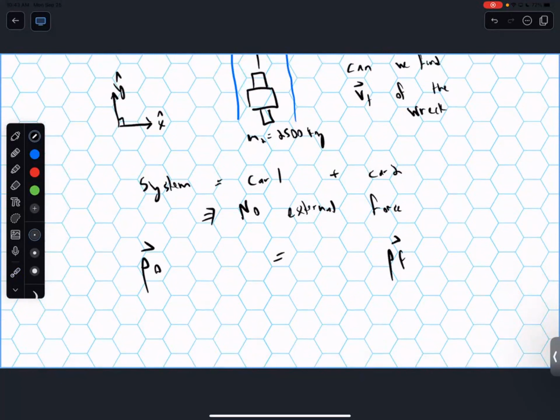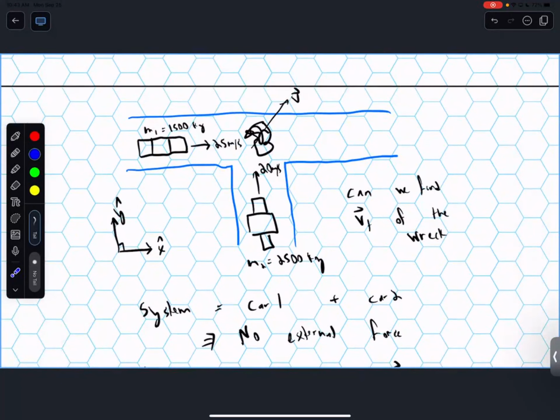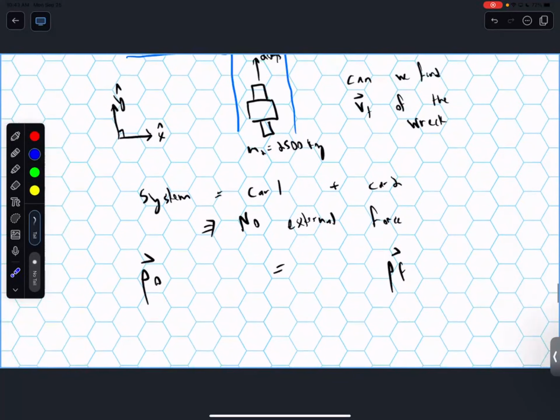So initially the two cars, one of them is just moving in the x hat direction, and one of them is moving in the y hat direction. So I'm going to go ahead and write down their momenta as a combined system. So that's going to write that car 1, I'll just leave it as symbols and we'll substitute, had M1 V1. And I'll go ahead and write that as V1 x hat to start bookkeeping that vector. So it had some speed in the x hat direction.